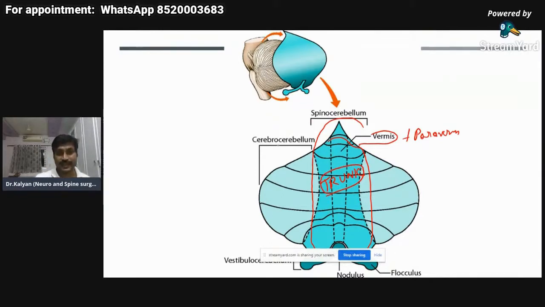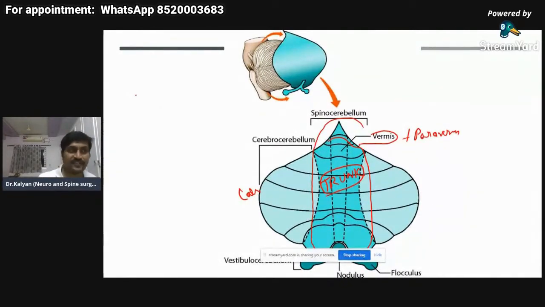Whereas the cerebrocerebellum, these lateral hemispheres, are mainly concerned with the balance, tone, and coordination of our upper limbs and lower limbs. Again, there is some difference in the anterior vermis and posterior vermis syndrome. We'll see later. Am I clear?